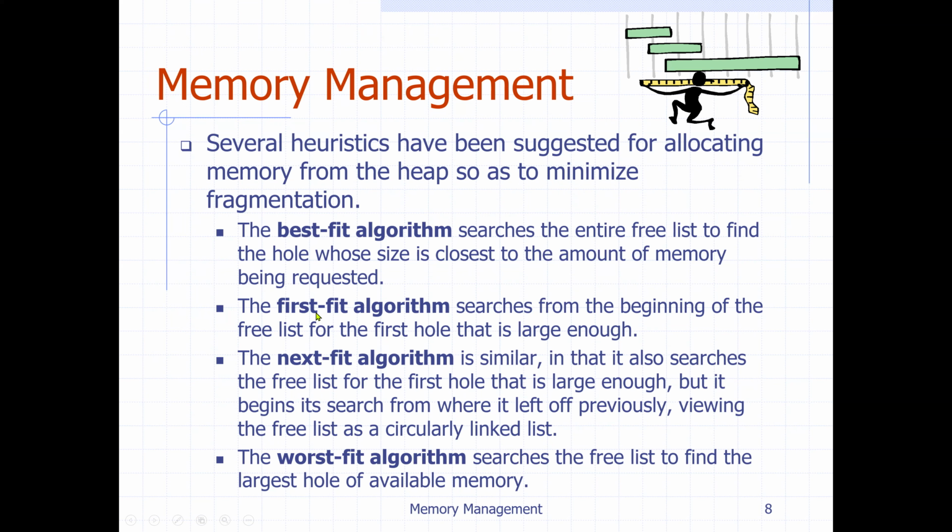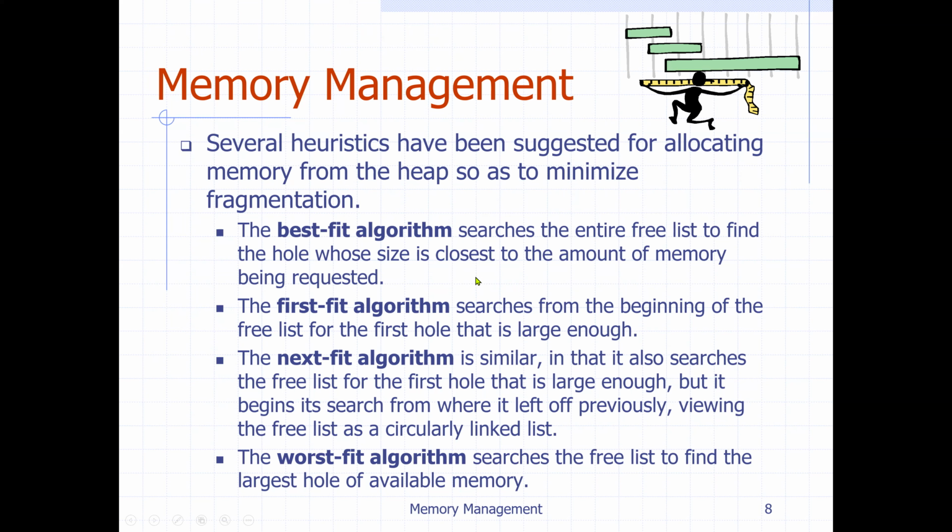The first fit algorithm searches from the beginning of the free list for the first hole that is large enough. If the first hole is big enough to accommodate our process, then it's assigned. The best fit will go through the whole list to find the fit for our process, whether the same size or the closest.